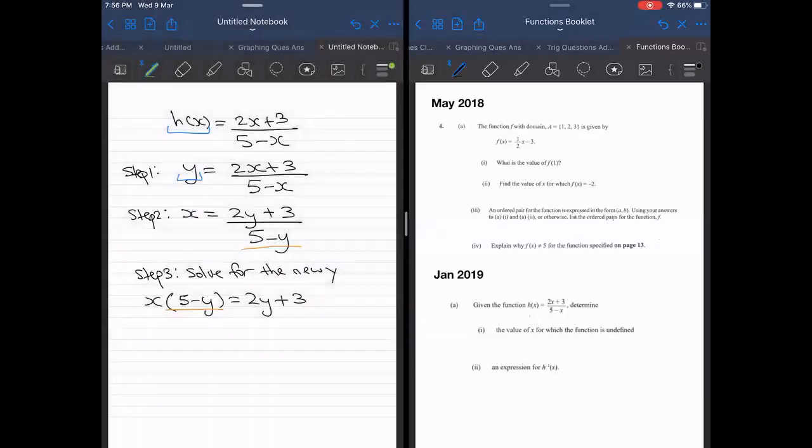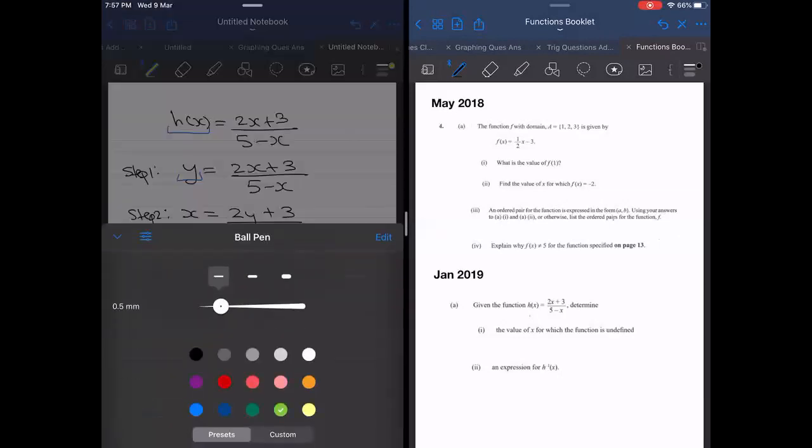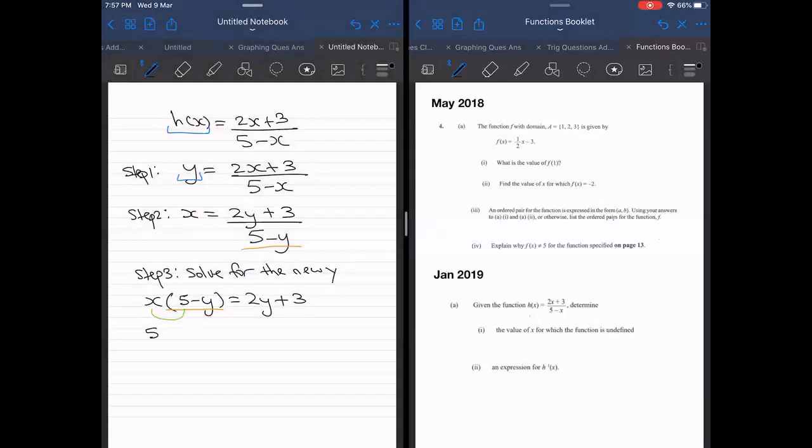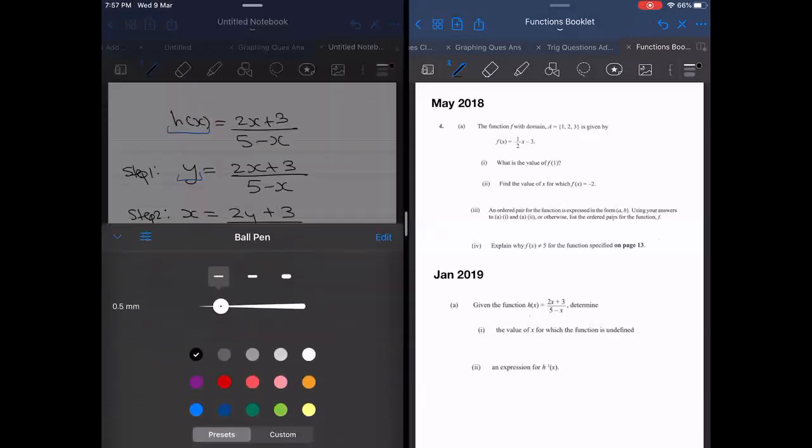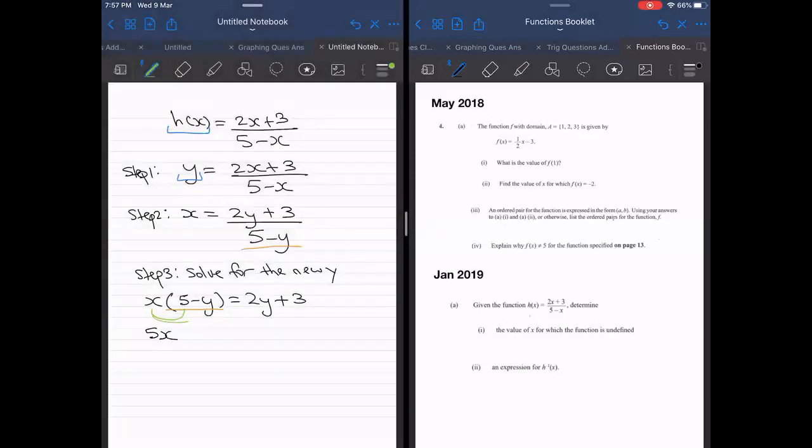You are then going to expand. So it's the outside times the inside. So x times 5 is 5x, and then x times minus y is minus xy, and that is equal to 2y plus 3.